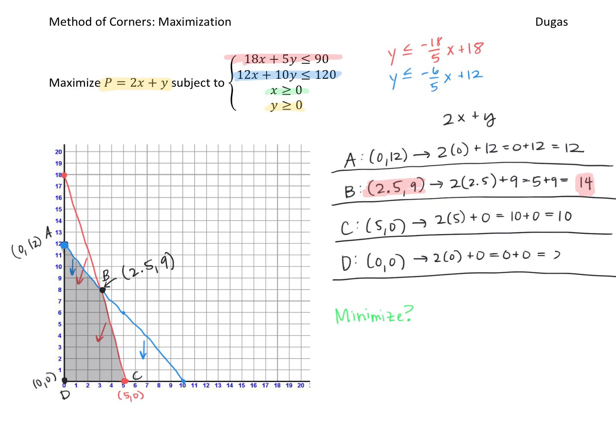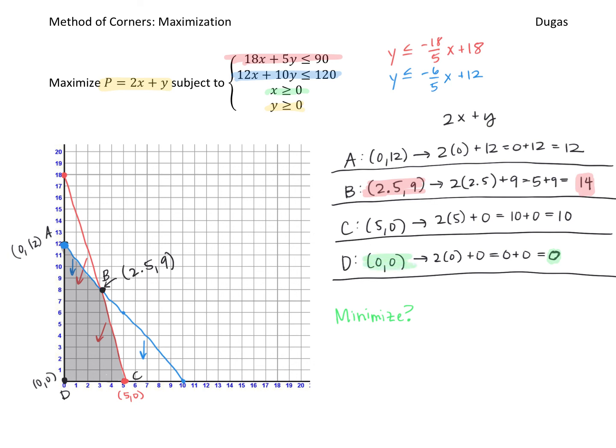So the smallest value, whoops, I erased instead of highlighted. Let me try that again. So that's 0. The smallest value is 0. So we could say the minimum occurs at p equals 0 when x is 0 and y is 0.